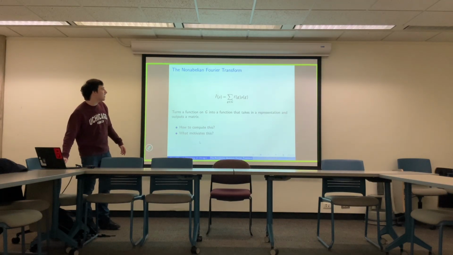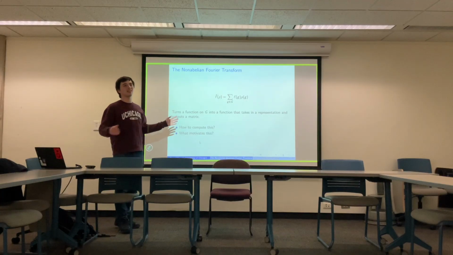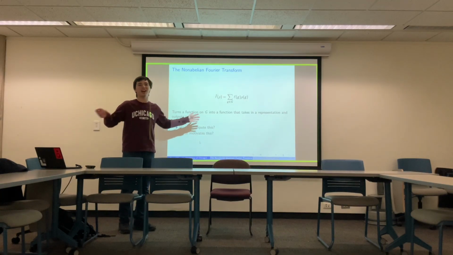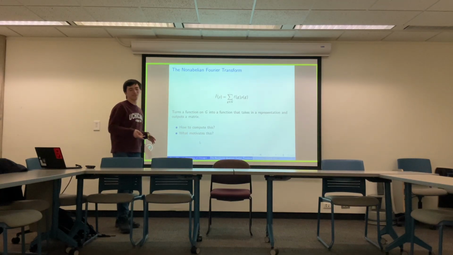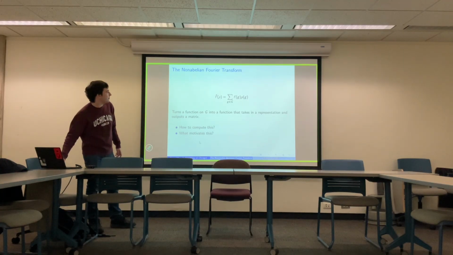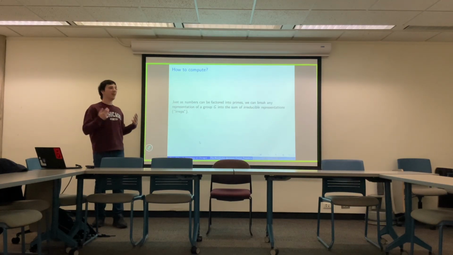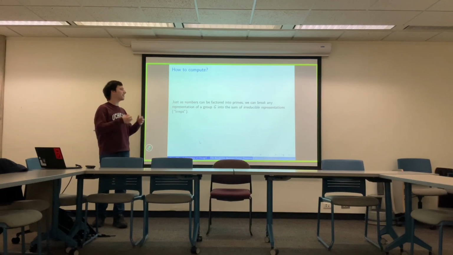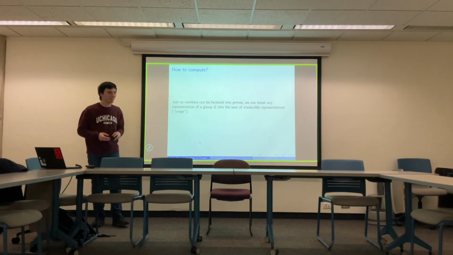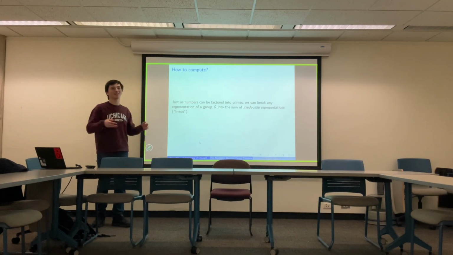So how do you compute it? Because in theory, there are infinitely many representations, right? So how do you capture that all in a single formula? Well, just as numbers can be factored into primes, you can break any representation of the group into a sum of irreducible representations, which to save 8 syllables every time, I'm just going to call irreps.